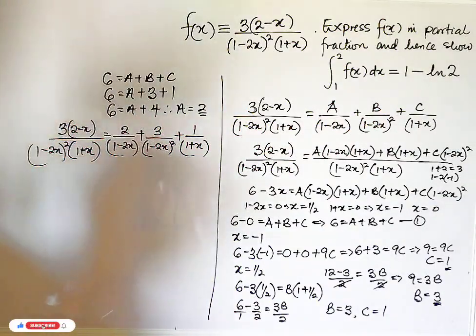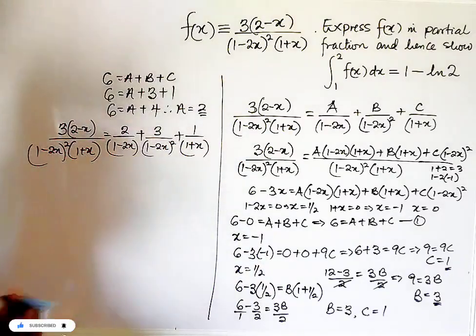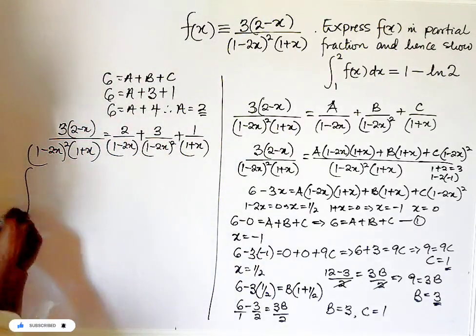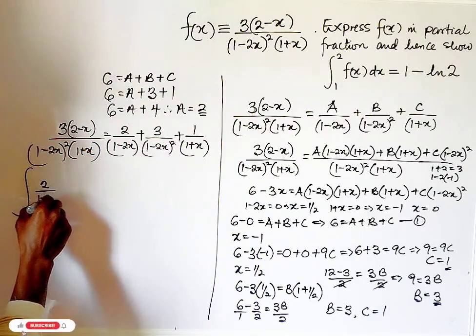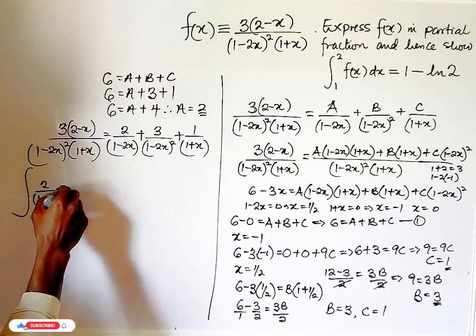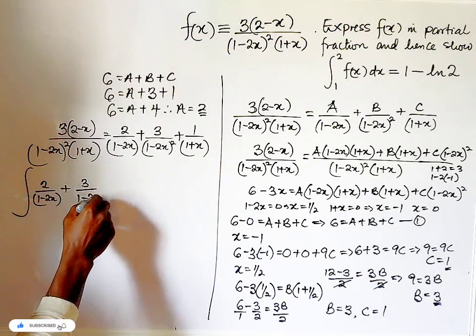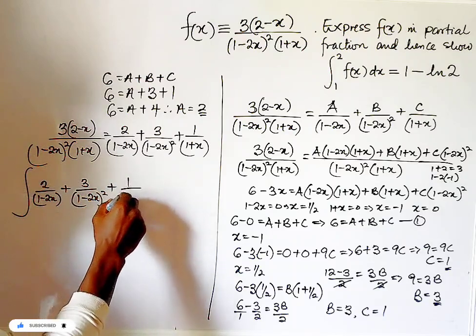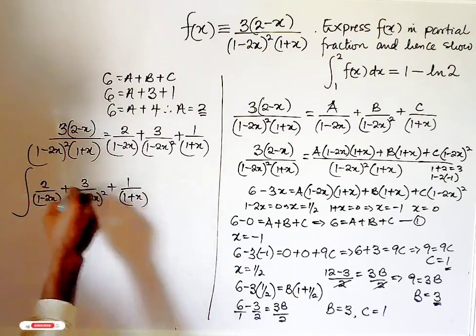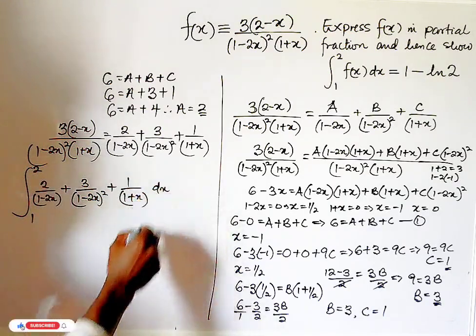Now what we need to do is to integrate this, and by integration we have 2 all over 1 minus 2x, then plus 3 all over 1 minus 2x all raised to the power of 2, plus 1 all over 1 plus x, and take note this is from 1 to 2, then dx.